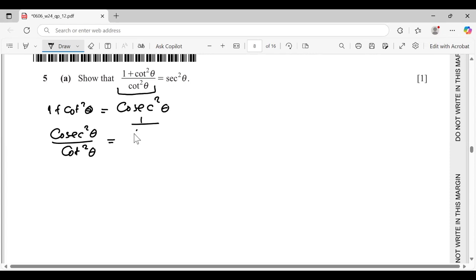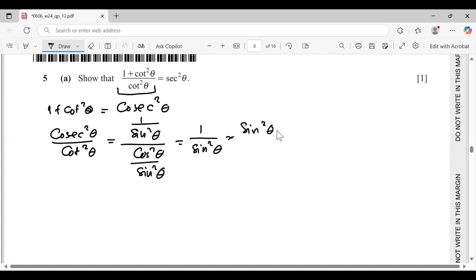It becomes 1 over sine squared theta, because cosecant squared theta equals 1 over sine squared theta, and cotangent squared theta is cosine squared theta over sine squared theta. So it becomes 1 over sine squared theta times sine squared theta over cosine squared theta. Dividing out, it is 1 over cosine squared theta, and that is secant squared theta. So same with this one.